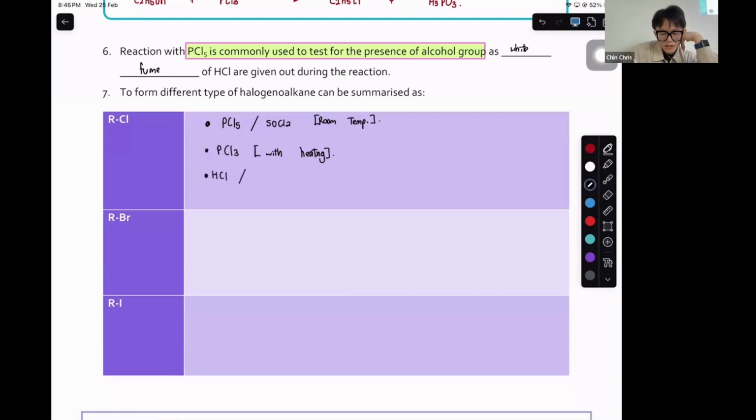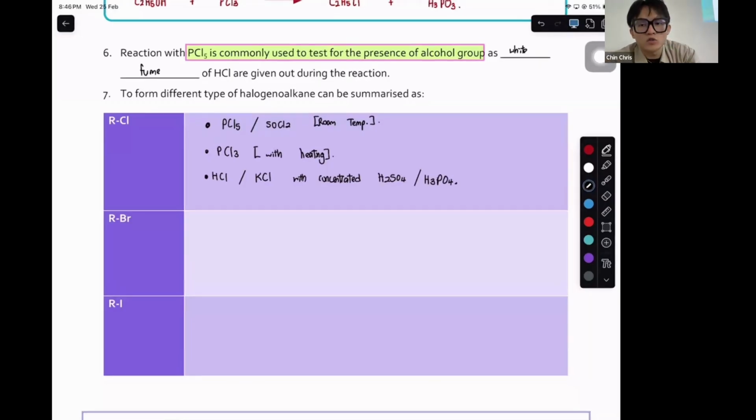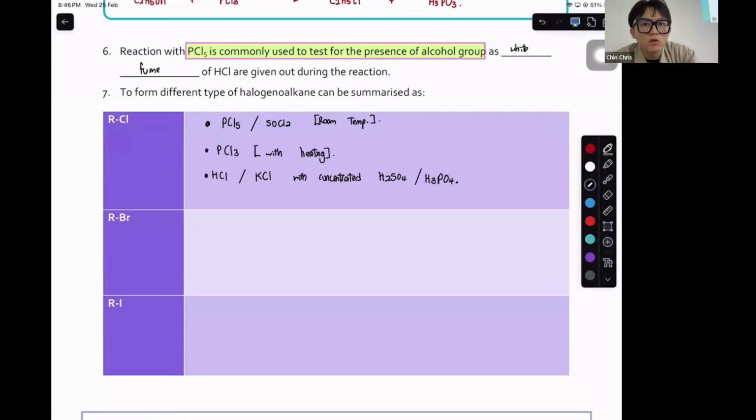We can use either HCl or KCl with concentrated H2SO4 or H3PO4. So we can also use this to turn an alcohol into a halogenoalkane, especially a chloroalkane. That's it.